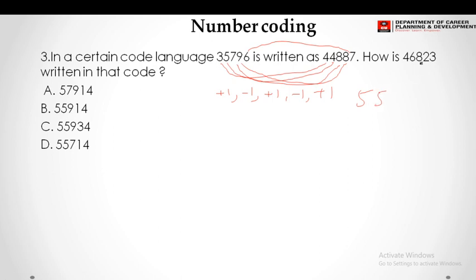Then 8 is plus 1, and it will be 9. 2 will be minus 1, it will be 1, and 4 will be plus 1, that is 5. Wait, 3 will be plus 1, that is 4. So the answer will be 55914. So the answer is B for this third question.